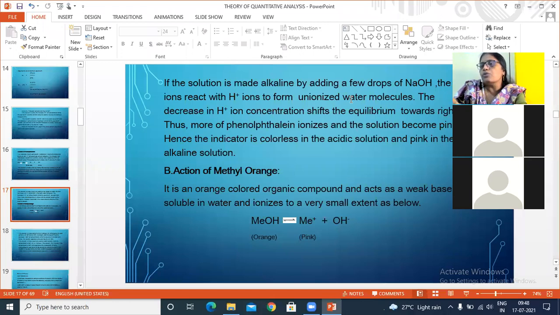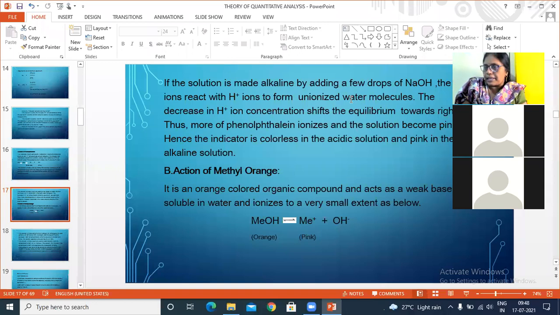When the indicator undergoes dissociation, H plus ions and Ph minus ions are formed. The Ph minus ions have a pink color, and the H plus ions formed don't have any color, but they react with OH minus ions. So as the forward reaction, the dissociation of the indicator, is favored, the Ph minus ions are in excess in the solution, giving a pink color.